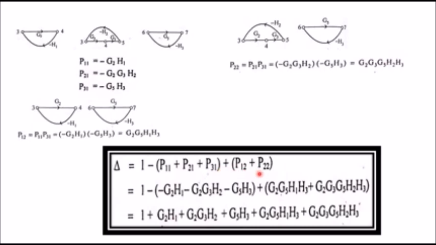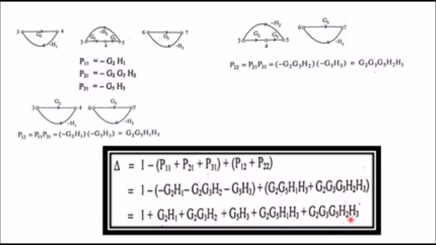If three non-touching loops were available, then you would go for minus three non-touching loops. By putting in the values of P11, P21, P31, P12, P22, you will find 1 plus G2H1, G2 G3H2, G5 H3, G2 G5 H1 H3, G2 G3 G5 H2 and H3.